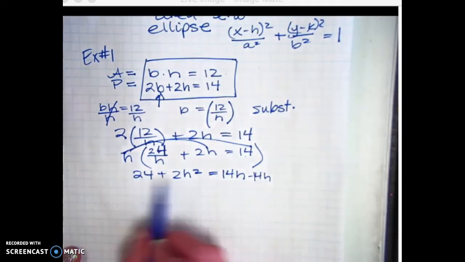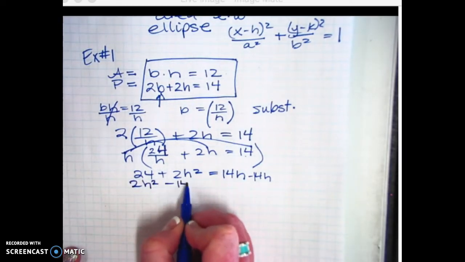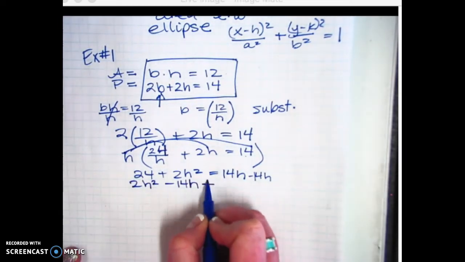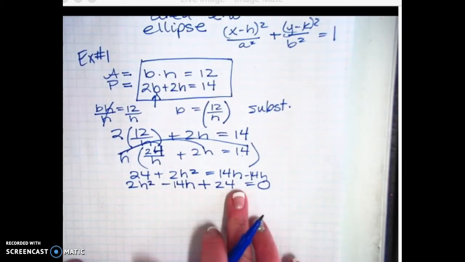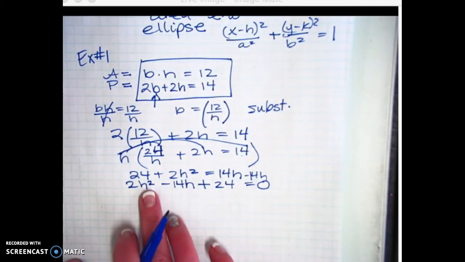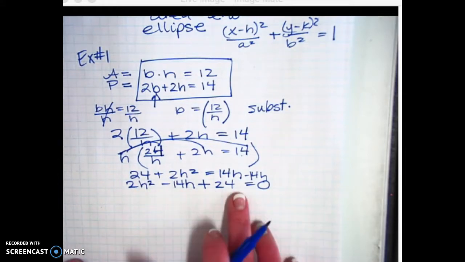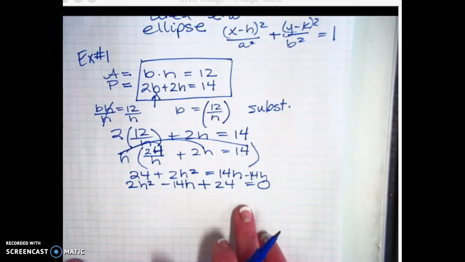And if I rearrange the order, I'm going to end up with a nice little trinomial. And when your trinomial is set equal to 0, and you put it in standard form, you should have your largest exponent first, your next largest, and so on. You want to put your exponents in descending order. Then it makes it easier to factor.